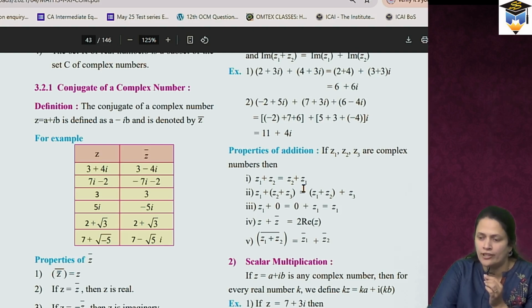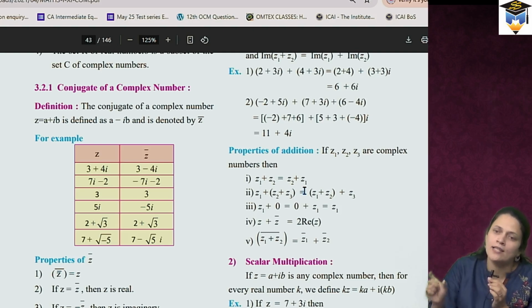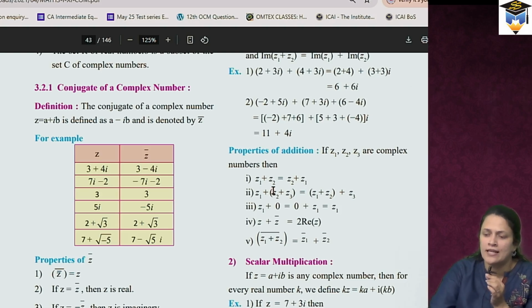The meaning of commutative property in addition is that even though you change the sequence, the answer remains one and the same. The second property shown here is called associative property. Associative means grouping. So here they have grouped Z2, Z3, first solved that part, then added Z1.